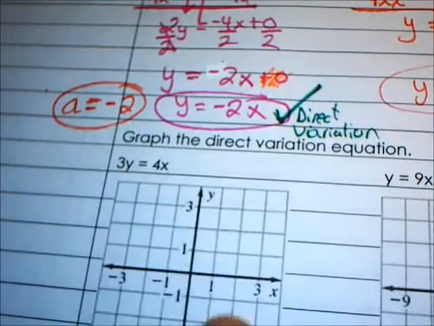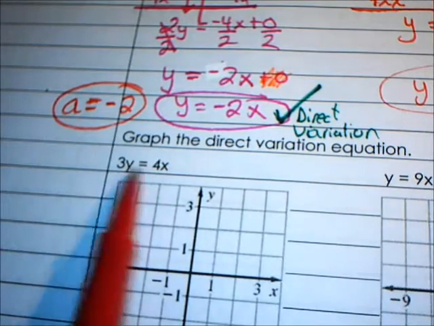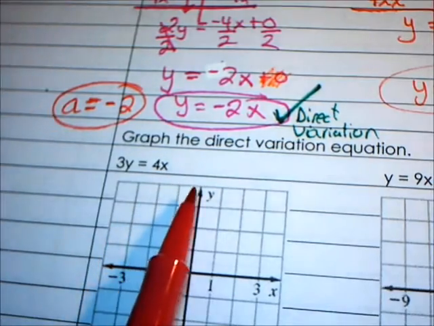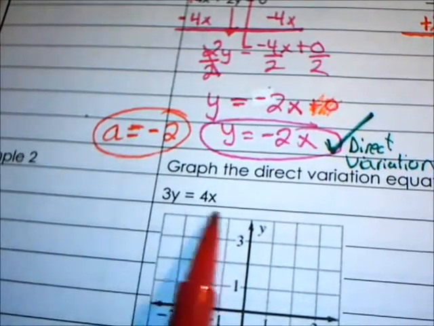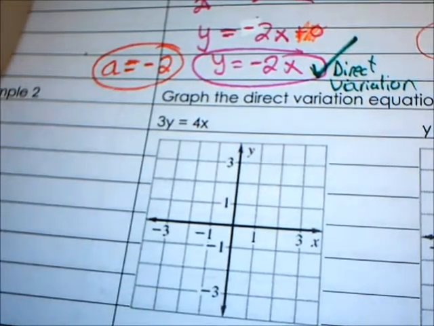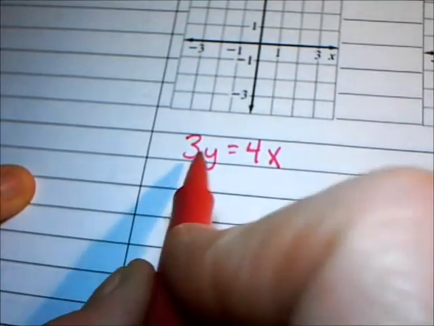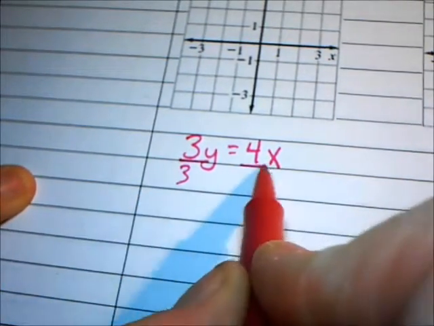Alright, on example 2, it says we want to graph these equations. So this first one is not written nicely. Not written nicely at all. So I'm going to put it underneath here. 3y equals 4x. And I want to solve it for y. Well, the only thing I have to do is divide by 3.